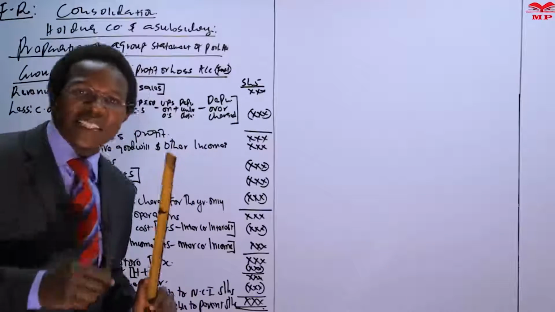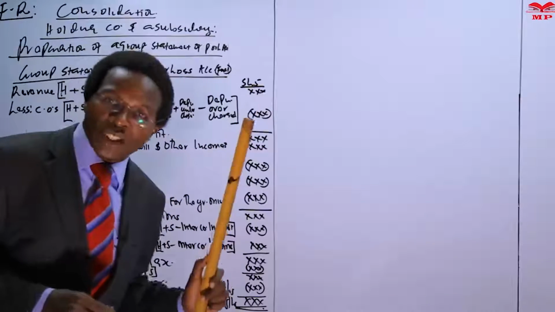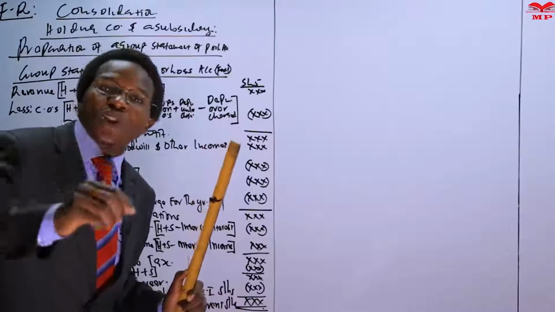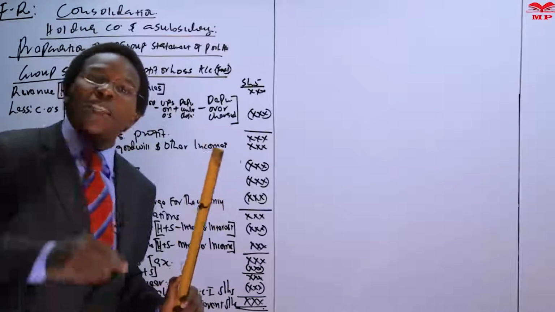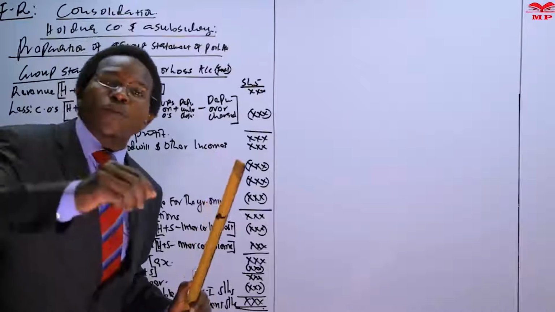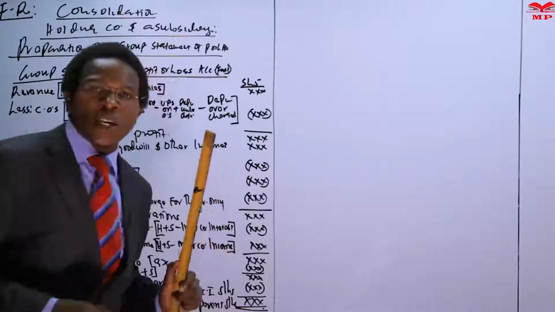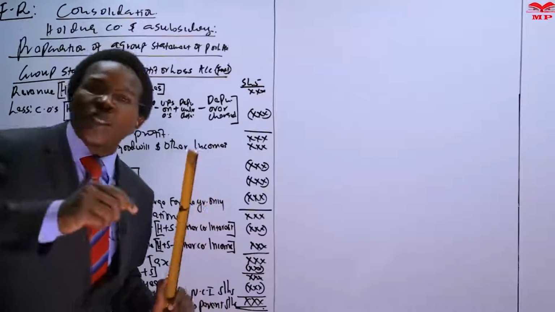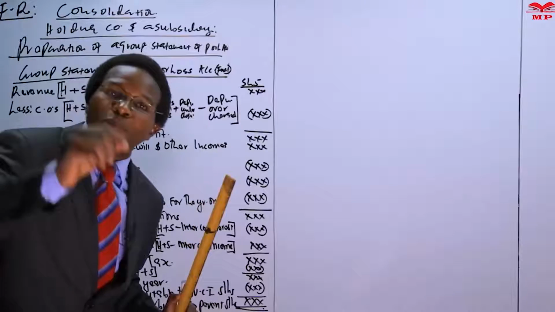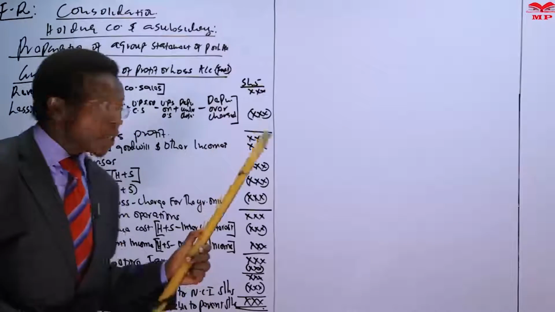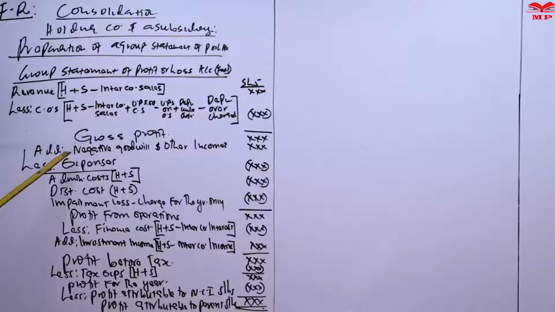We must increase it with the depreciation undercharge. If there was a depreciation overcharged in the year, then the cost of sales must have been overstated. We need to correct that and reduce our cost of sales by the depreciation overcharge. That's important to remember.